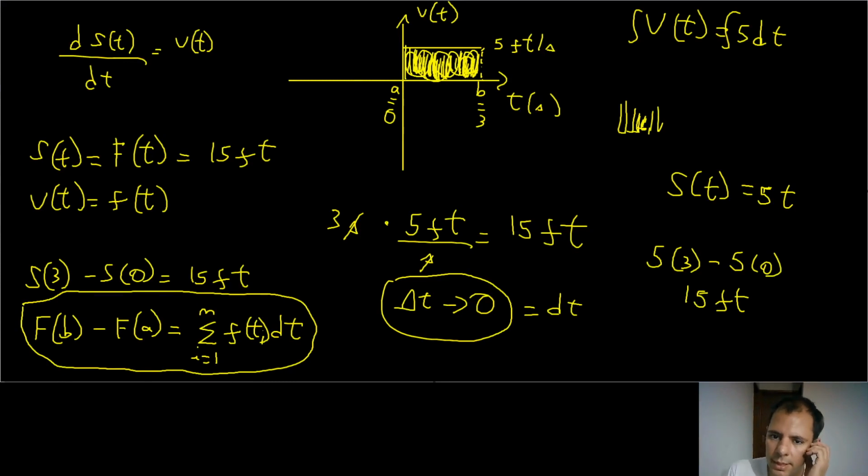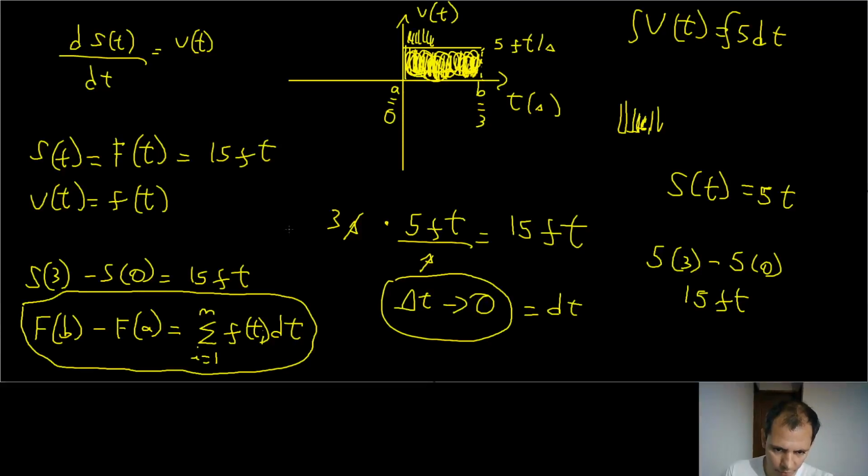So this 15 feet is the same as the area under the graph in here. All right. So you start connecting the dots. You have this infinite summation over here in this graph, and this infinite summation of small rectangles is the integration at b minus the integration at a.